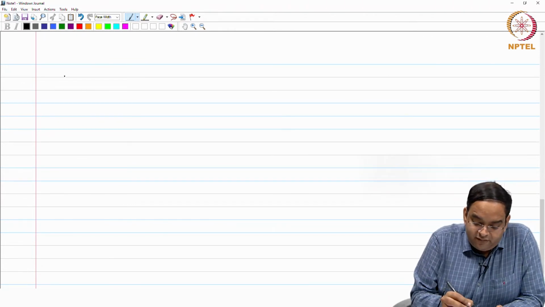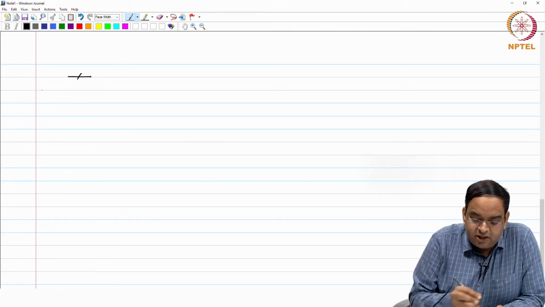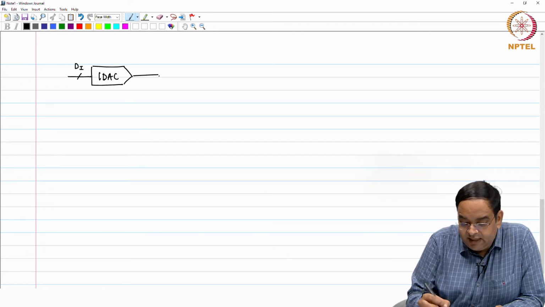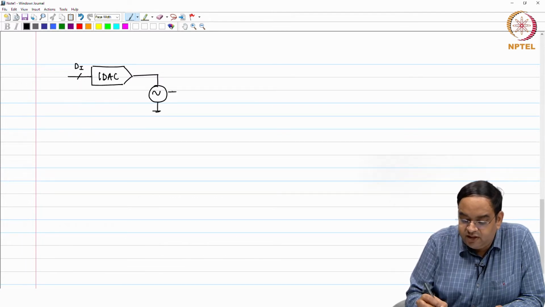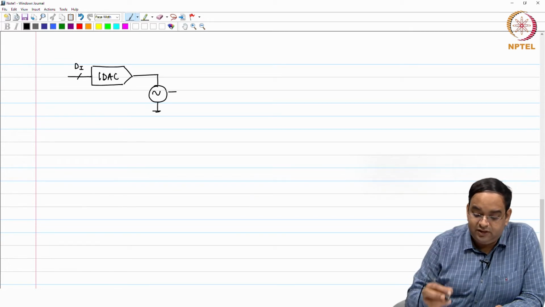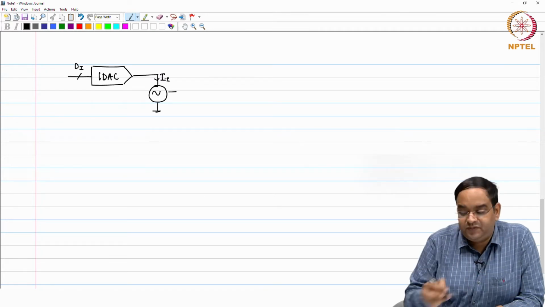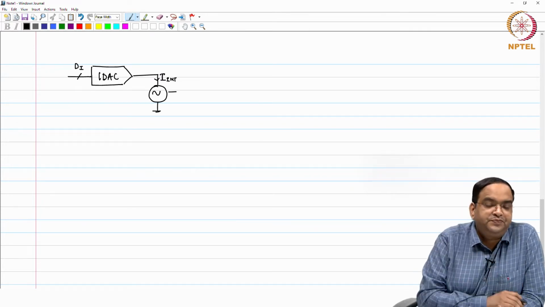So, what we have here is a large number of bits coming from the digital accumulator going to a current DAC. This current DAC directly controls the current in the oscillator, or you can say the frequency of the oscillator. Here I will call this I integral path, or better, let us say I int.